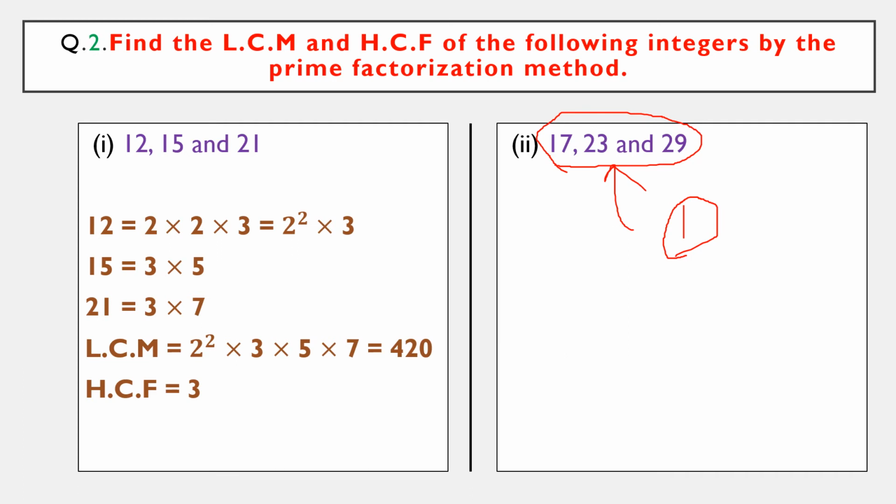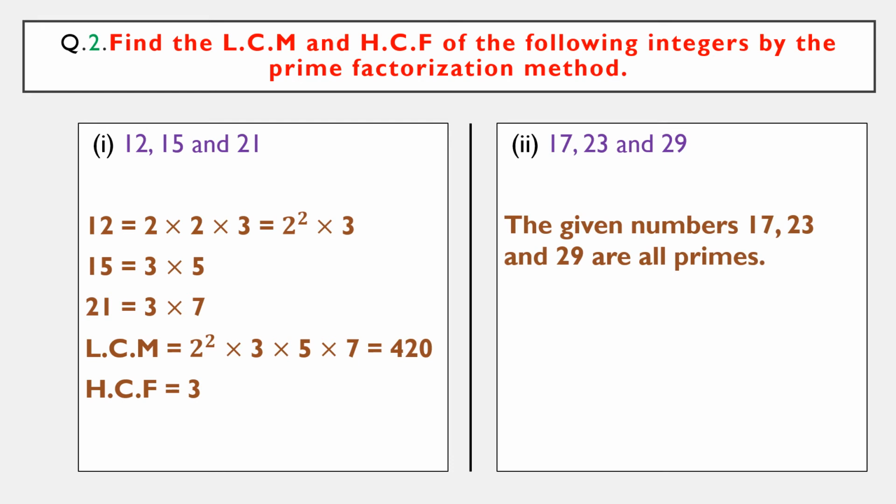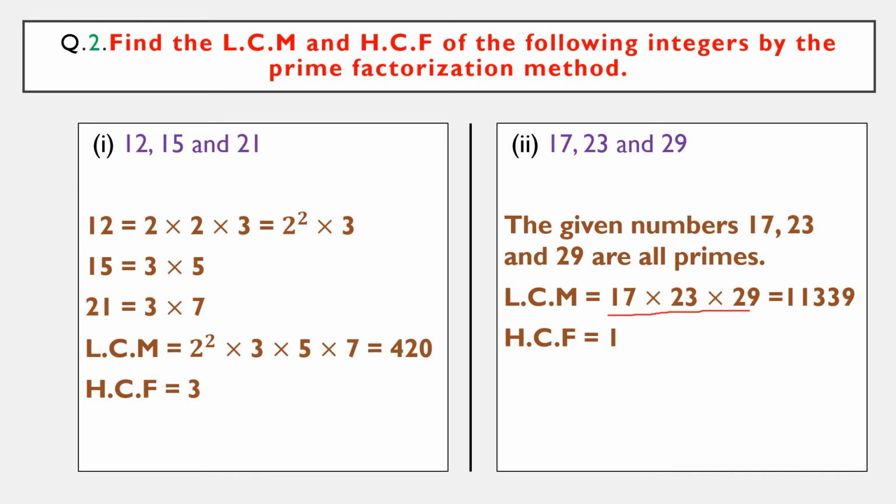So HCF is 1. Here the given numbers are all prime numbers, so the LCM will be the product of the numbers and the HCF is 1, because there are no common prime factors. The smallest common power is 1 only, so I write HCF as 1. Okay, did you understand this? Let us go to the next slide.